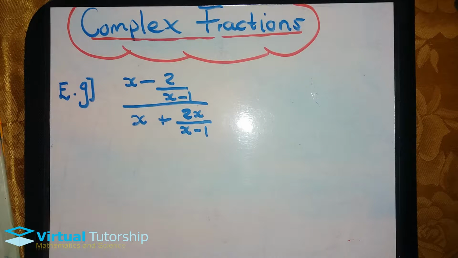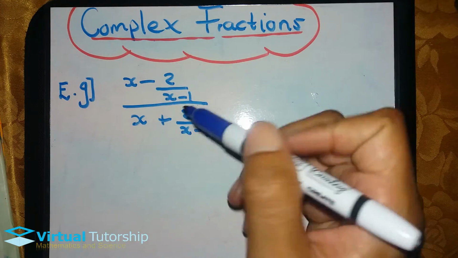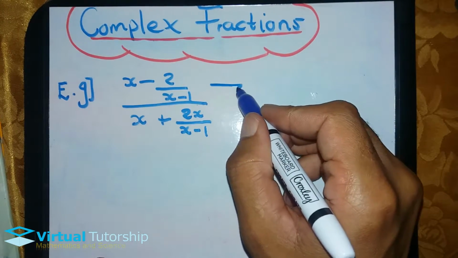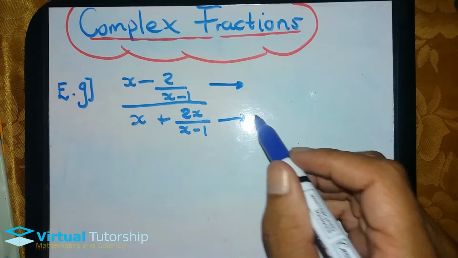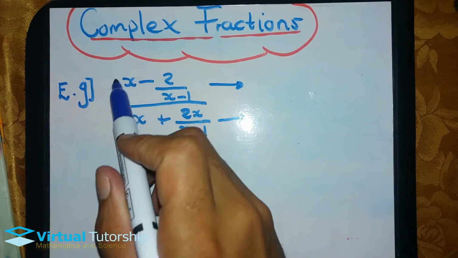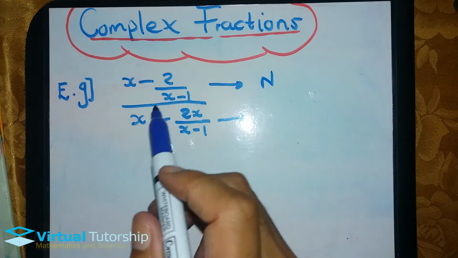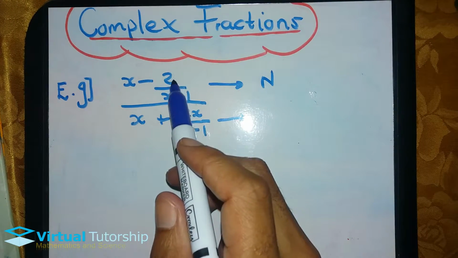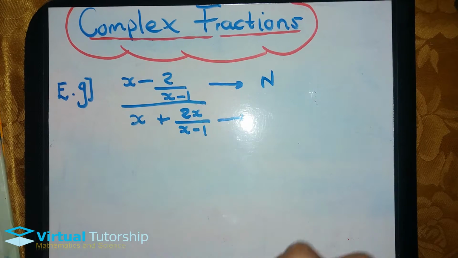Right, another fraction in my numerator and my denominator. Looking at my numerator, x minus 2 over x minus 1.